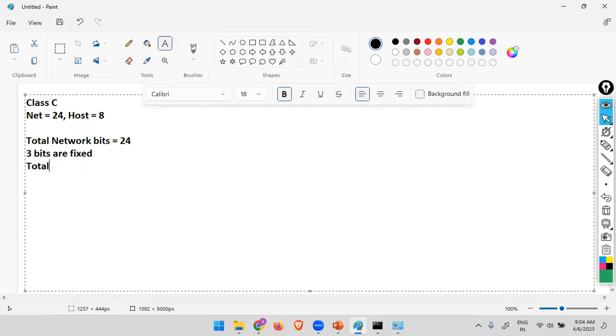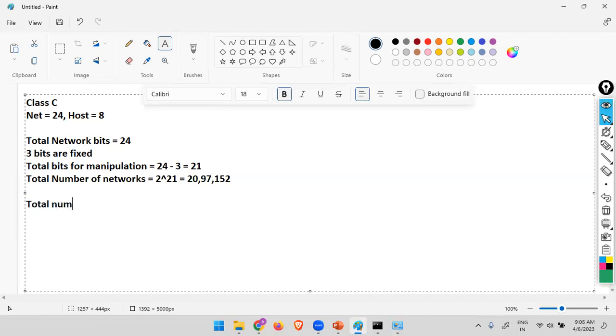So total bits for manipulation, how many will we have? 21, 24 minus 3. So if we say total number of networks, that will be 2 raised to power 21. That will be 20,97,152. Okay.